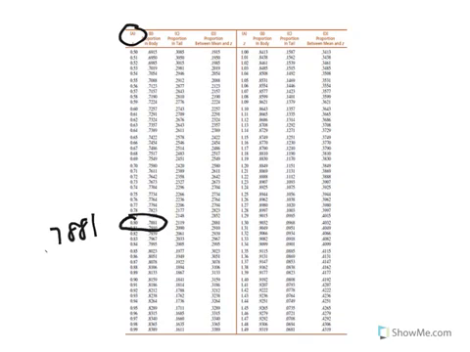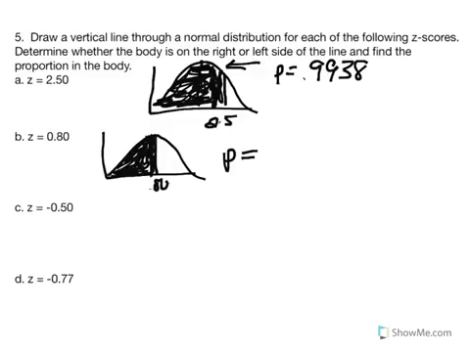So again, we've identified that the whole entire distribution represents a proportion of 1.00. Obtaining a z-score less than positive 0.8, the proportion of the whole distribution represented by that is 0.7881, or there's a 78.81% chance that we would select a score that's equivalent to a positive 0.8 z-score or less than that.